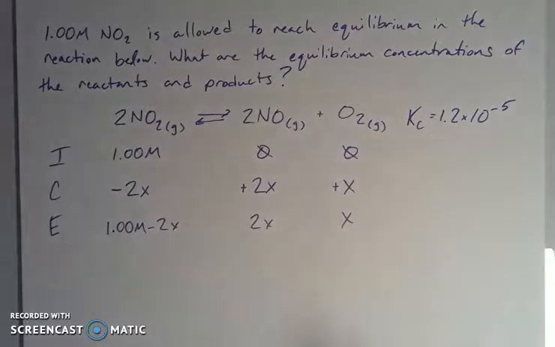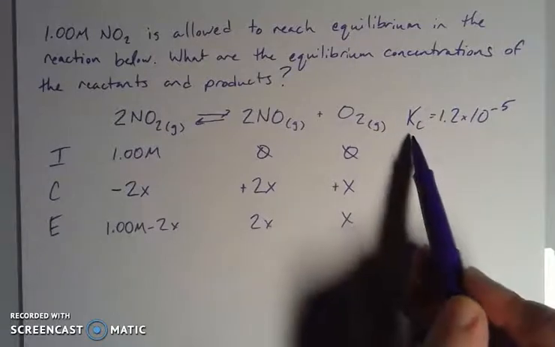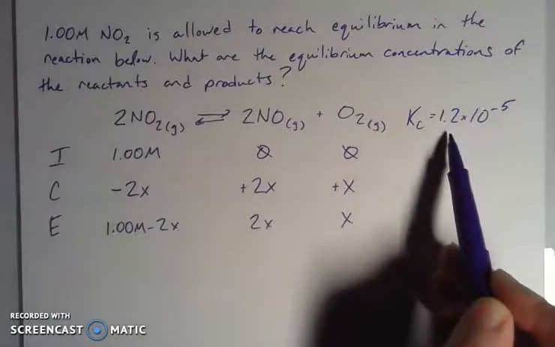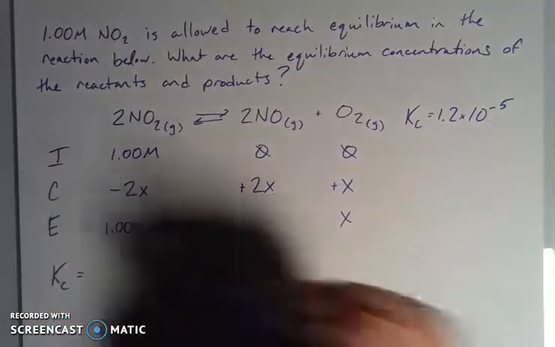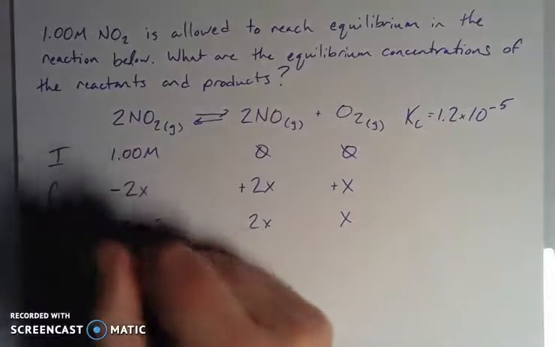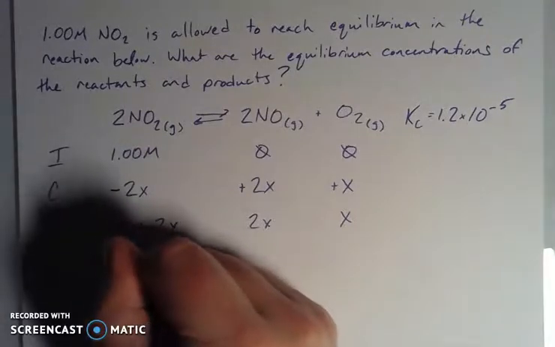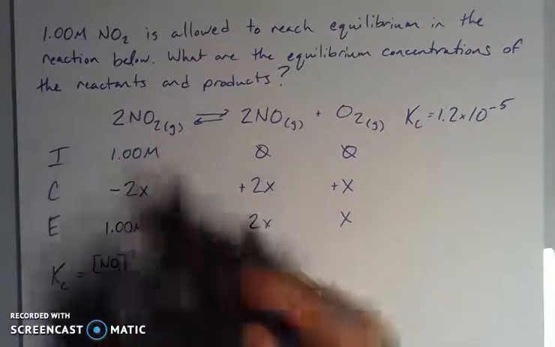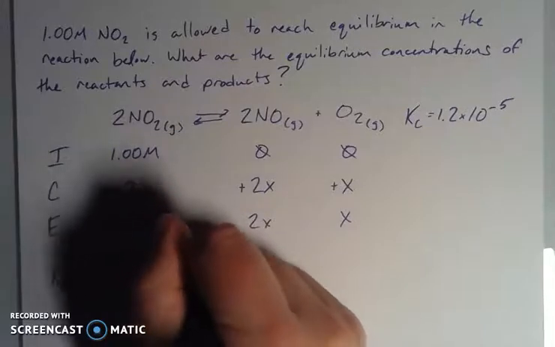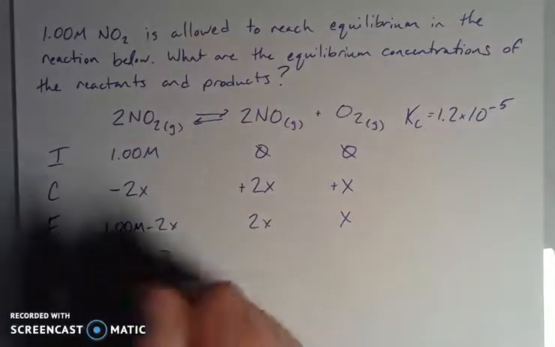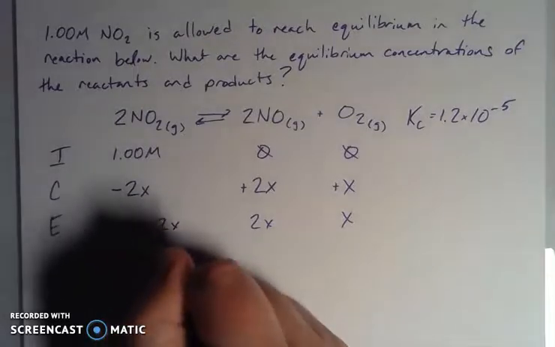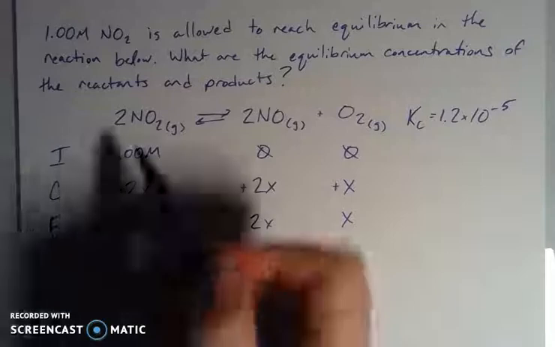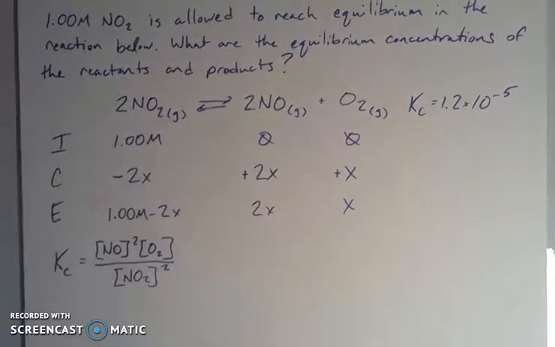Now, when we plug this into our equilibrium constant expression, we can see here that my equilibrium constant is quite low. So if we write out what our expression is, because I always like to have it in front of me, concentration of my products raised to the coefficient power multiplied together divided by the concentration of my reactants raised to their power from the balanced chemical equation.